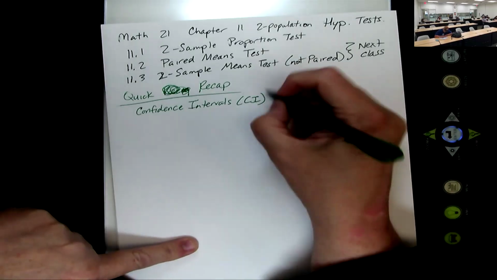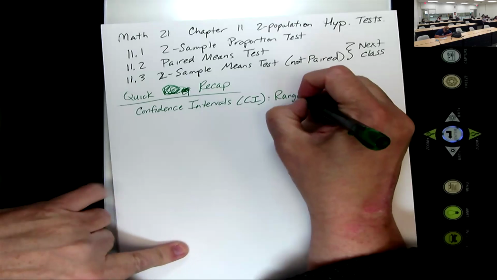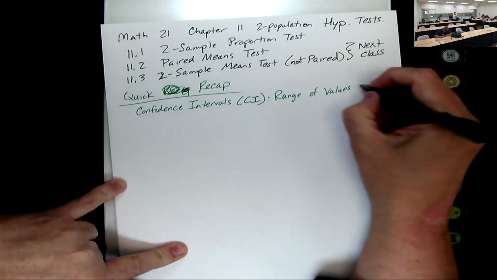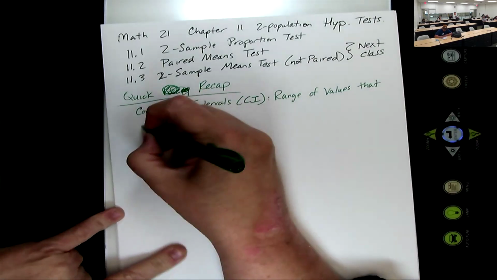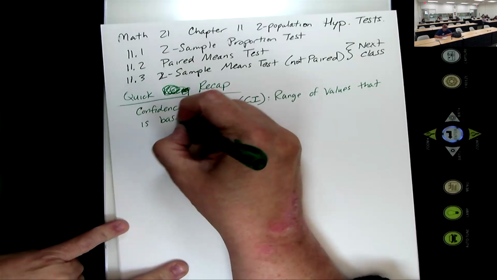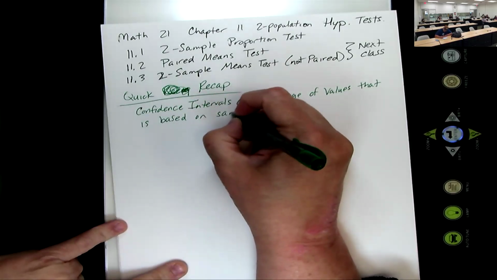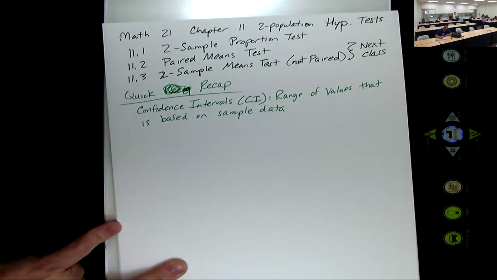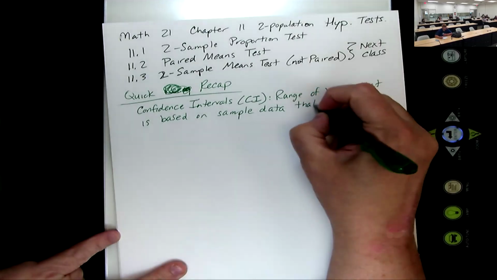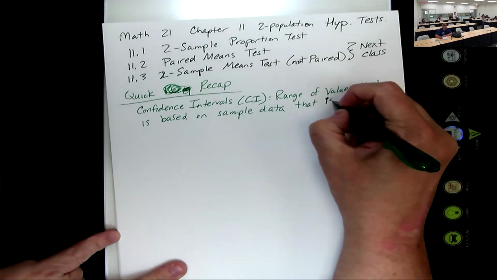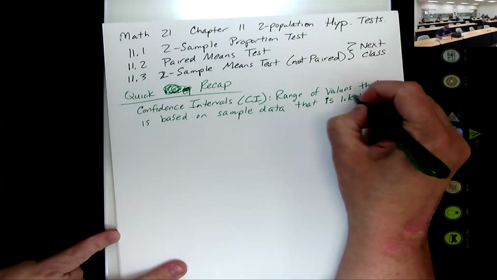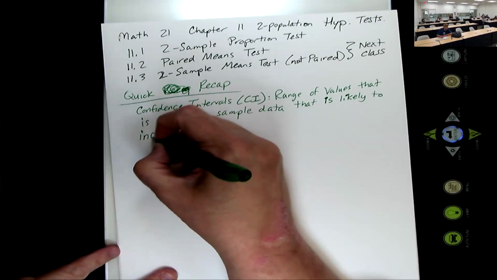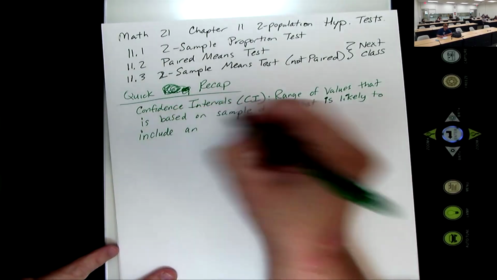And this is a range of values that is based on sample data, that is likely to include an unknown parameter.